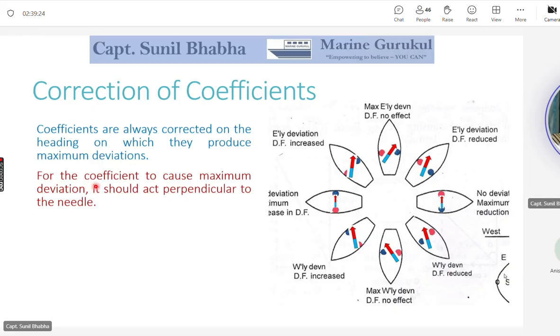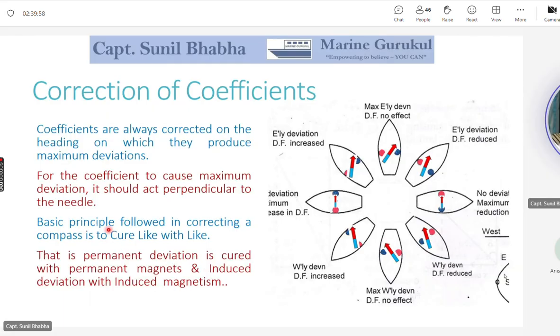For the coefficients to produce maximum deviation, it should be acting perpendicular to the compass needle or to the magnetic field of the Earth. Now in our case, you can see the maximum deviation is being generated on northerly heading and on the southerly heading. It is on north and south heading that the poles of the ship are at right angles to the magnetic compass. So this coefficient would be corrected on a northerly heading or on a southerly heading.